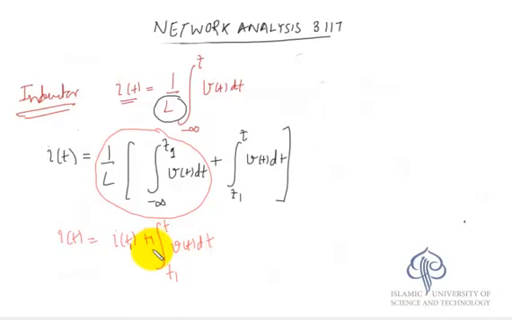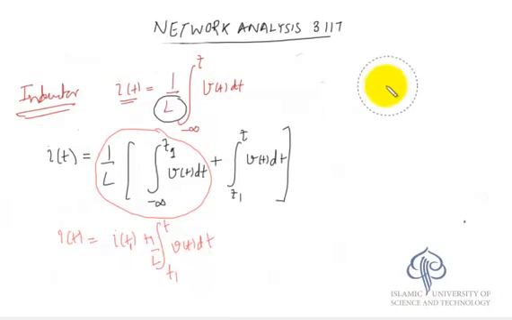So the current at time t is the current that was flowing at time t1 plus all the voltages integrated from t1 to t.